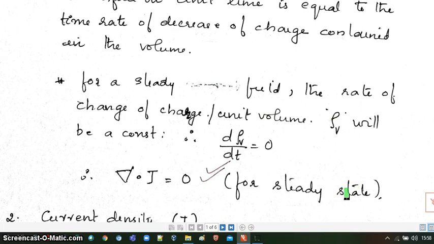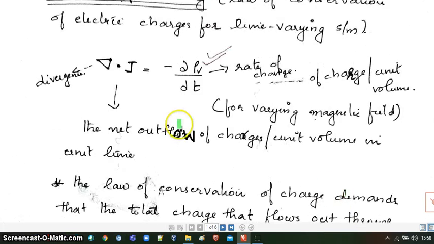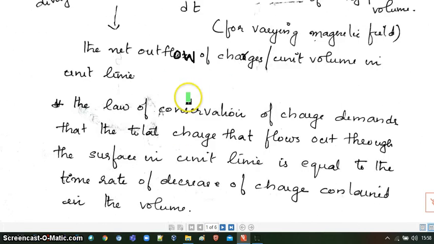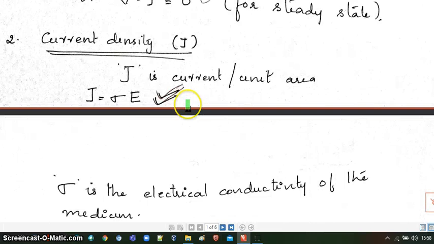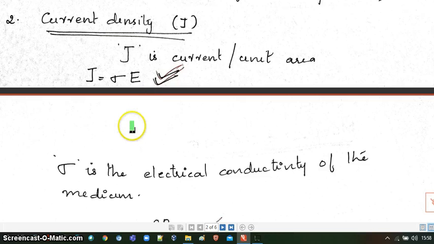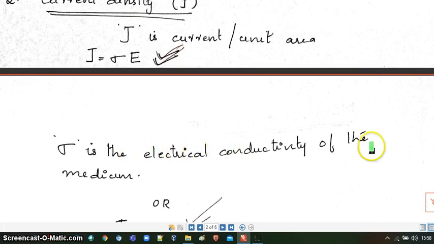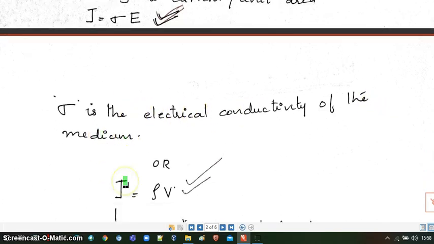So these two are the equations of continuity. This is del J equals minus dou rho V by dou T for a time varying field, and del J equal to 0 for a steady state. Next we will see the term current density J, which is defined as current per unit volume, and J is equal to sigma E, where sigma is the electrical conductivity of the medium.